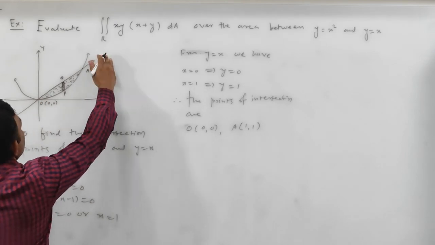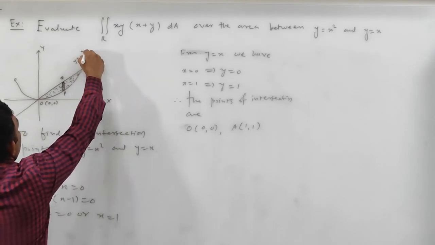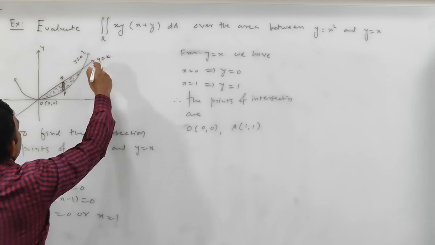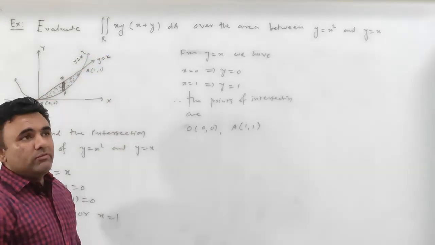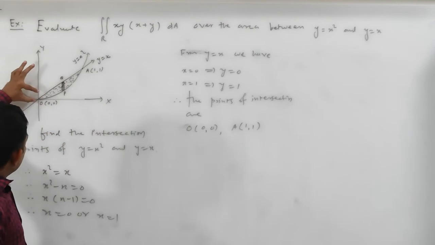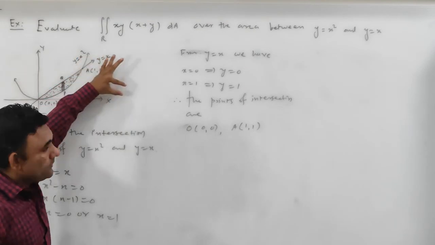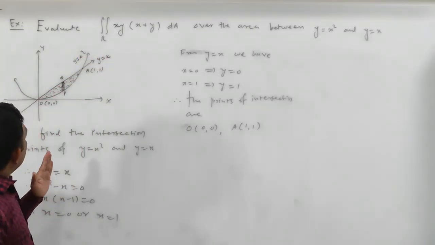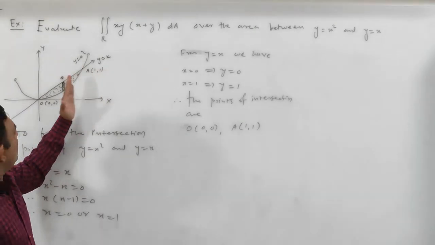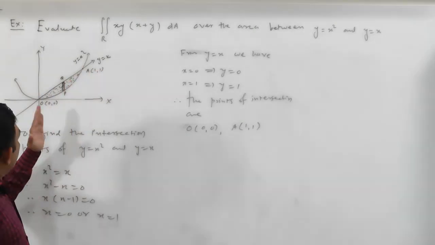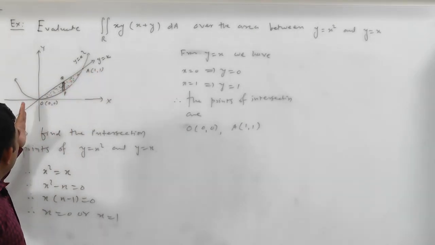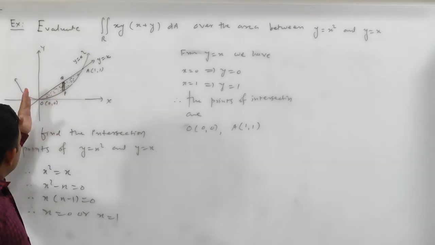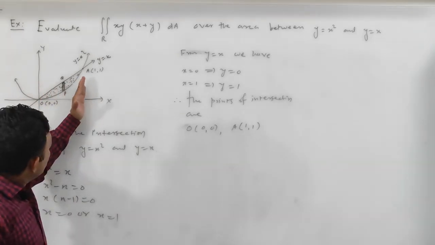This is my y equal to x square, and this line is y equal to x. We move this strip horizontally to cover the region of integration. So from where to where we have to move the strip horizontally? From O up to A.